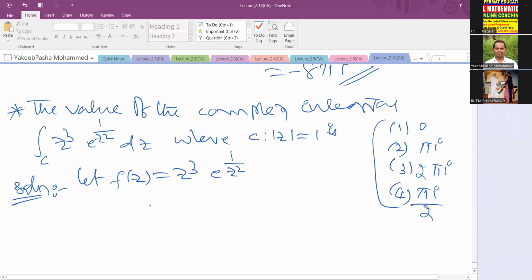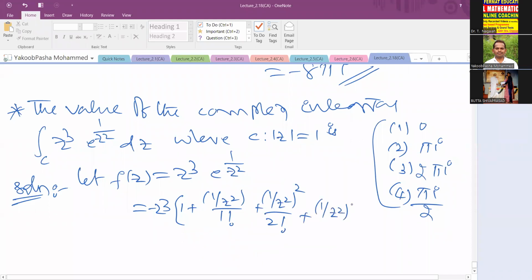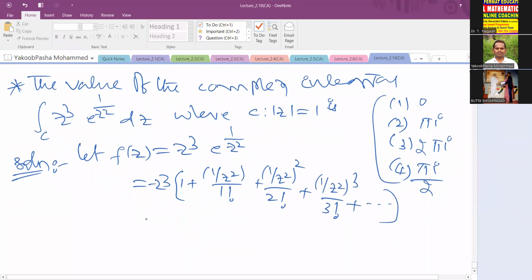We can expand e to the power of 1 by z square as 1 plus 1 by z square by 1 factorial plus 1 by z square whole square by 2 factorial plus 1 by z square whole cube by 3 factorial and so on.